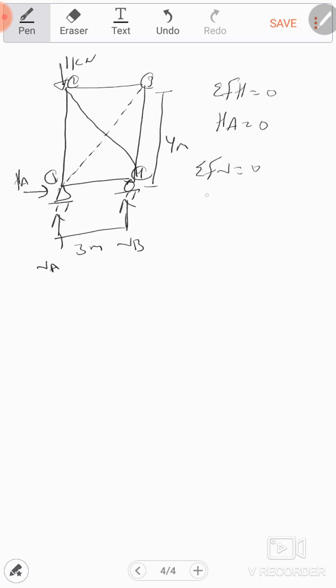Take the summation of forces in the vertical direction. VA minus 1 equals 0, so VA equal 1. So next step, we find the internal forces for this figure. Node number 1.